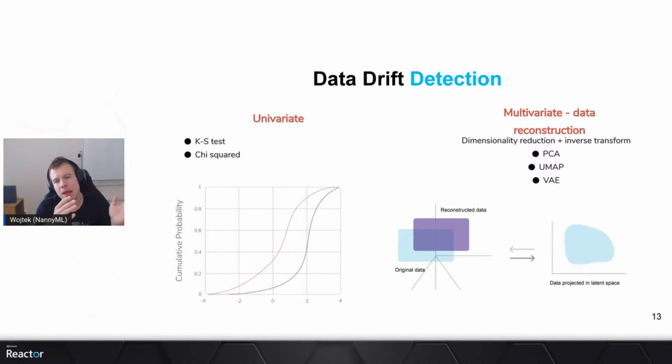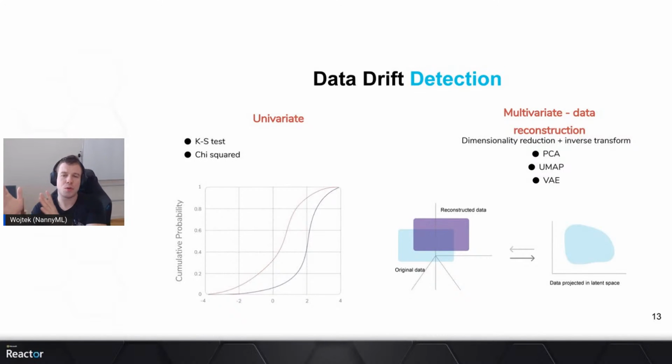What we're going to do is train a dimensionality reductor, some form of encoder, or some kind of compressor, on our reference data. And this compressor, because it needs to be a trainable compressor, a trainable encoder, is going to learn the internal structure of the data, even if it's very complex.